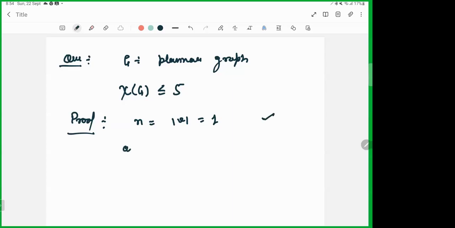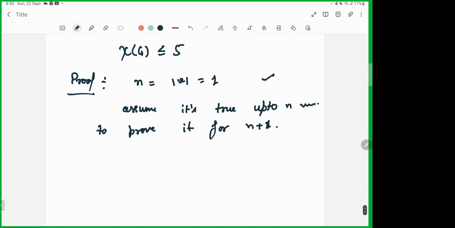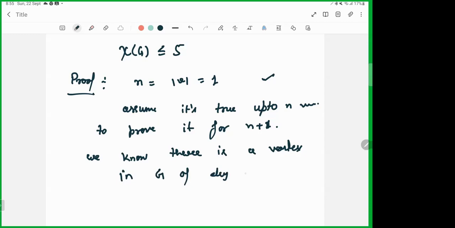So assume it is true up to n vertices, and we need to prove it for n plus 1. So we know there is a vertex of degree at most 5. There is a vertex in G of degree at most 5.